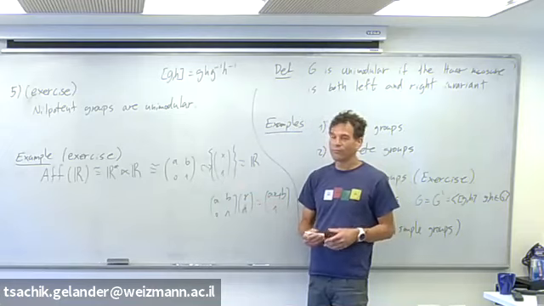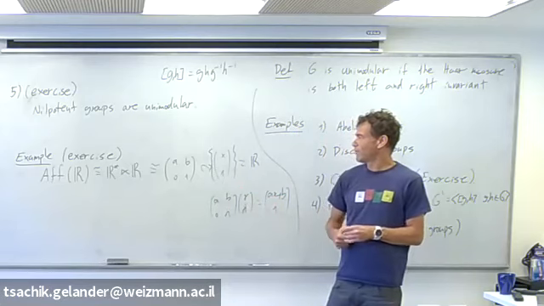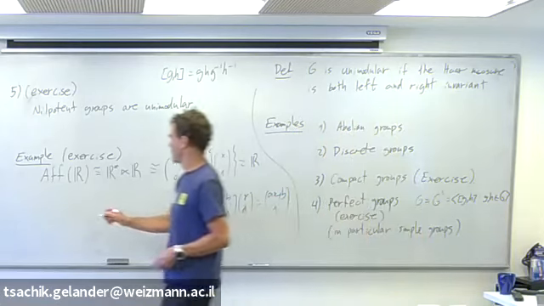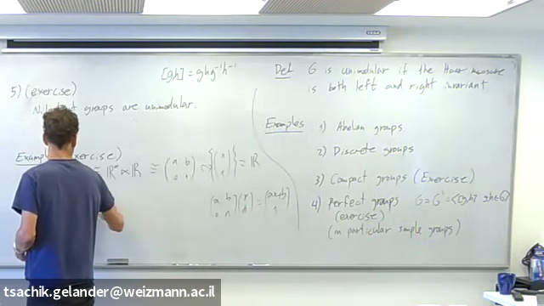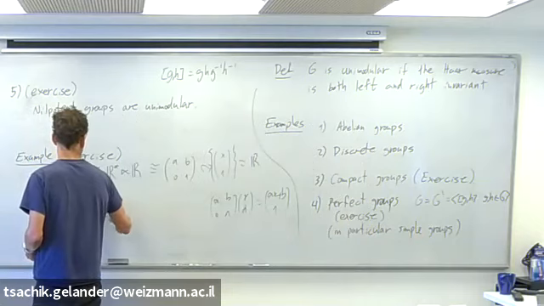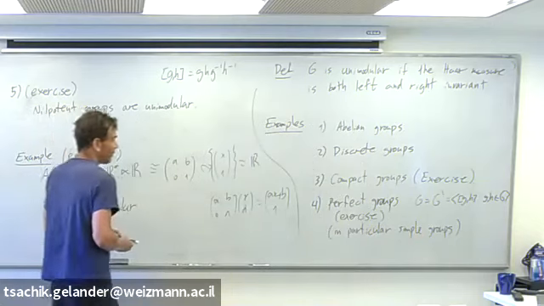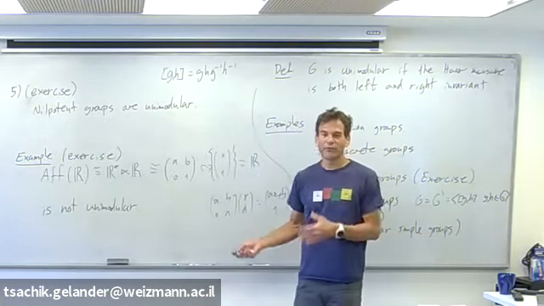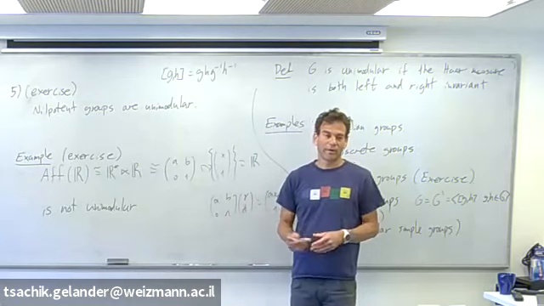It's a solvable group, so in a sense it's not very complicated, but it's not unimodular. That's an exercise. The way to solve it is by writing explicitly a left Haar measure and a right Haar measure, and you see that they are not the same. It's not very hard.